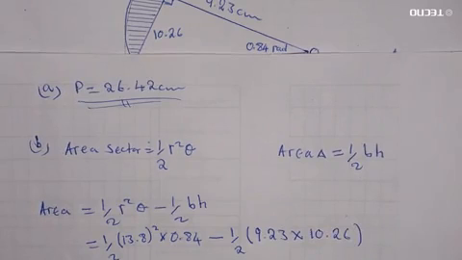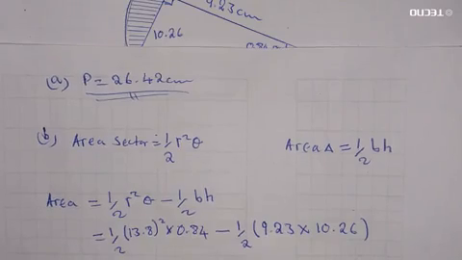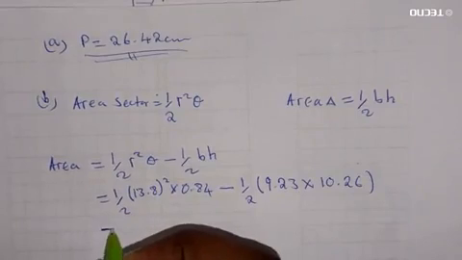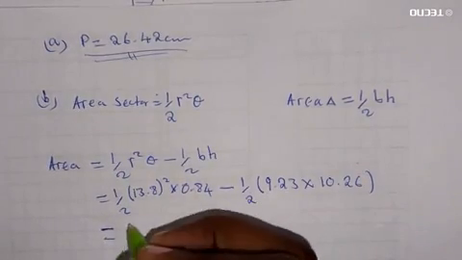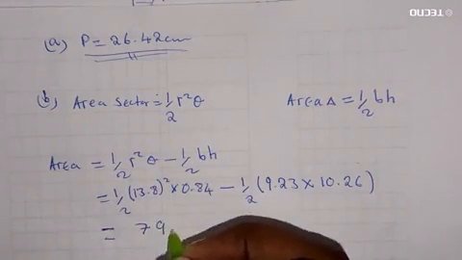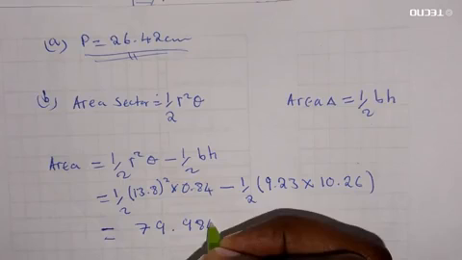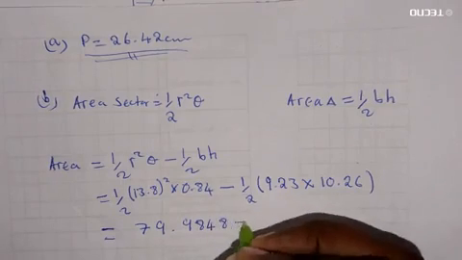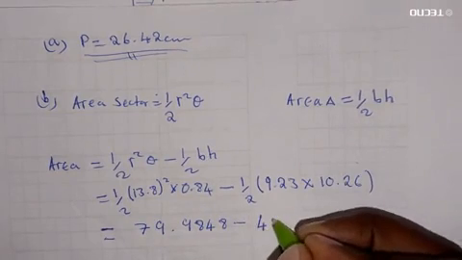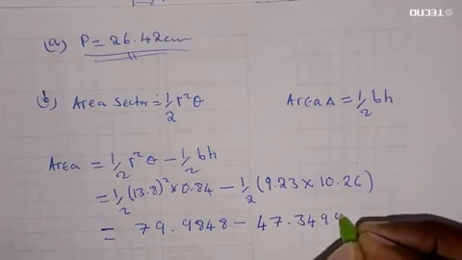Okay, so we'll do it like this, then we find the answer. After computing this on the calculator, the answer for this sector is 79.984, minus, when you compute this, you get 47.3499.